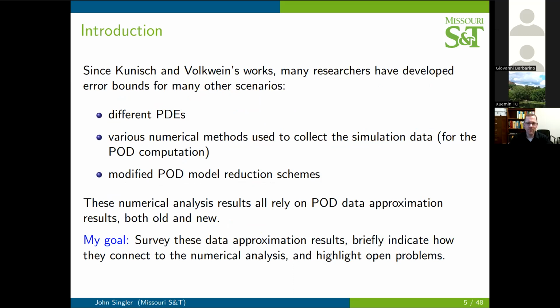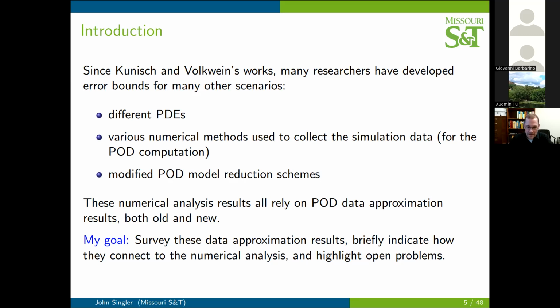Many people, including many here, have looked at extending their initial works in many different directions: modified model order reduction schemes, different PDEs, different numerical methods to collect the simulation data. Ultimately, all of these results rely on the data approximation capability of POD, both very old results and newer ones.